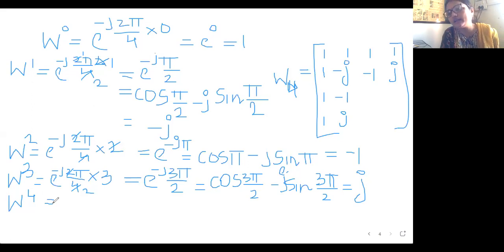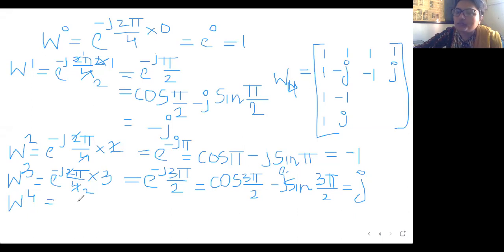How do you expand e raised to minus j 2 pi? What will be the expansion? This is going to be cos 2 pi minus j sin 2 pi.